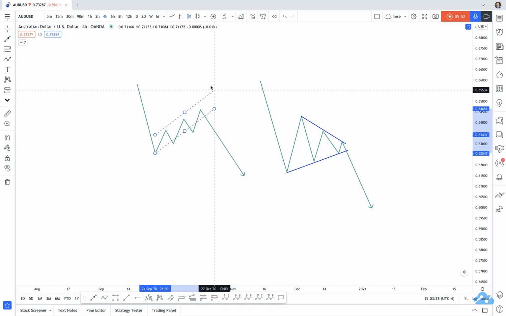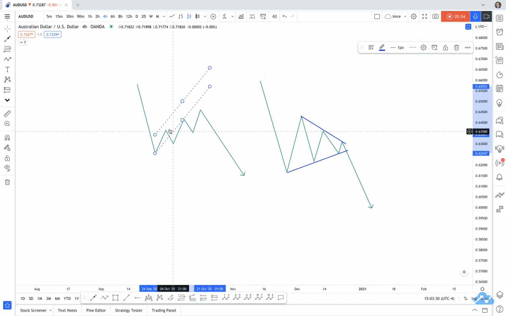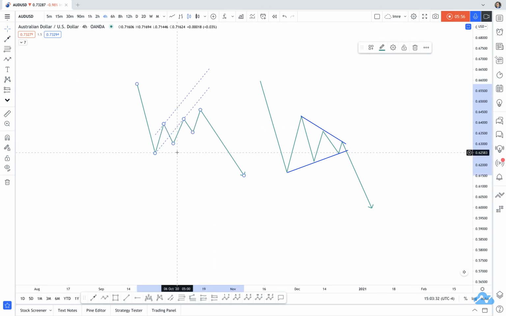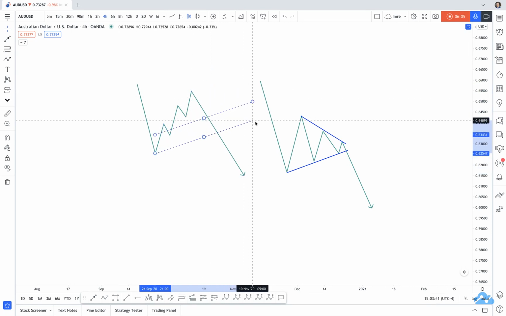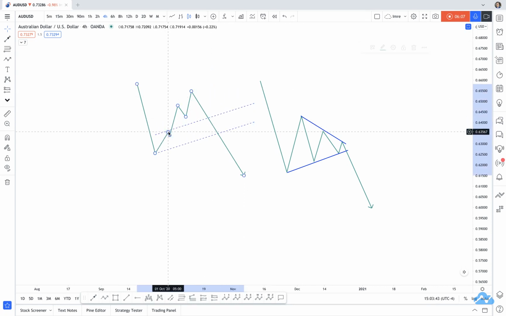Now, this can take many shapes. We could have significantly sharper price action, which will still be contained within parallel lines, or we could see something that's a little bit more sideways, like what I had earlier.